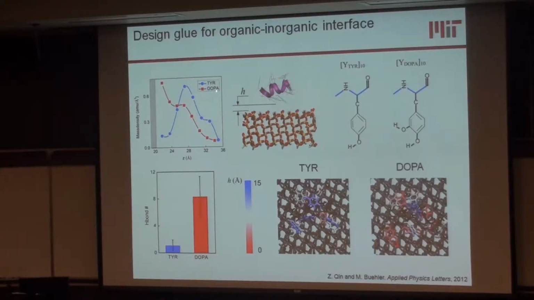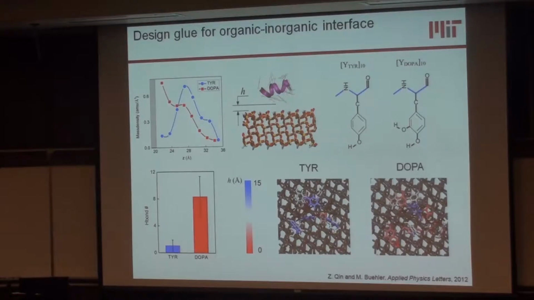But once it changed to DOPA, you can see the mass center gets closer to the surface of the silica. We checked our simulation and see that those DOPA side chains get closer and attached to the silica substrate, and they form double hydrogen bonds to the substrate, which increases the adhesion between the alpha helix and the substrate, and also the hydrogen bond number.